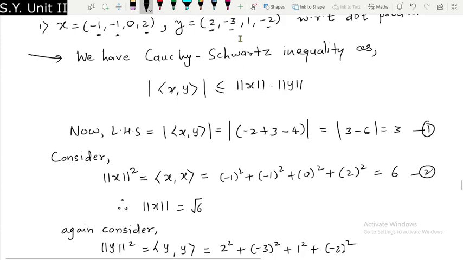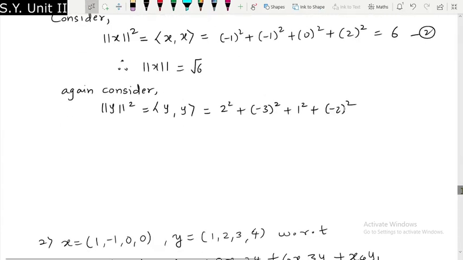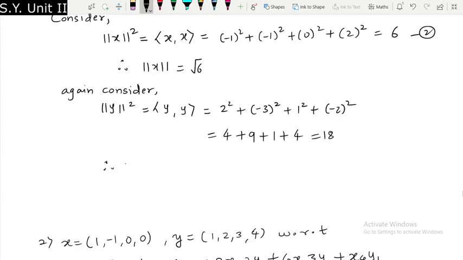That is 4 plus 9 plus 1 plus 4. 9 plus 1 is 10 and 10 plus 8 is 18, so this is equal to 18. Therefore norm of y is under root of 18, and I'll call it 3.